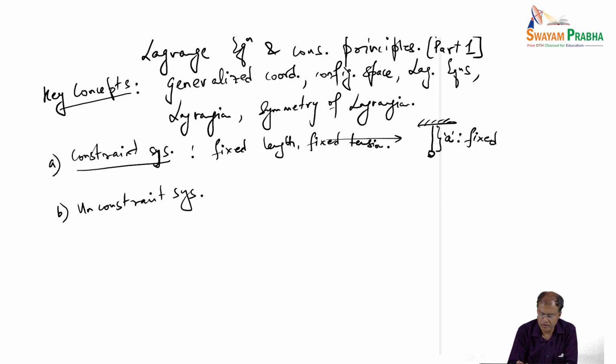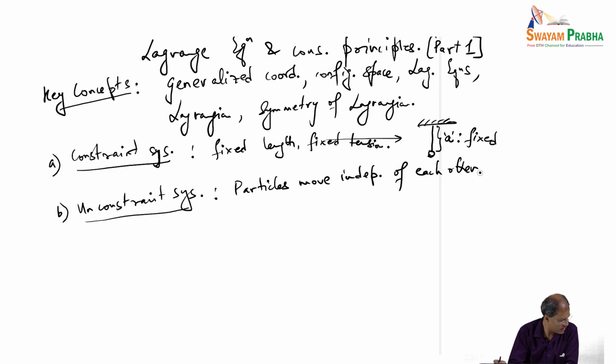Now, unconstrained systems are those where particles are moving independent of each other, and in this case, the motion is governed by Newton's second law.